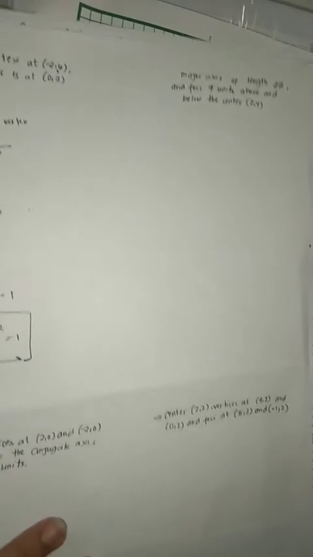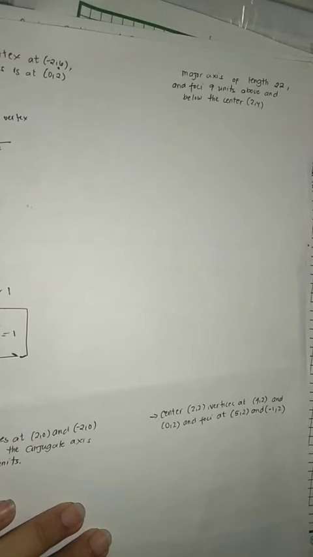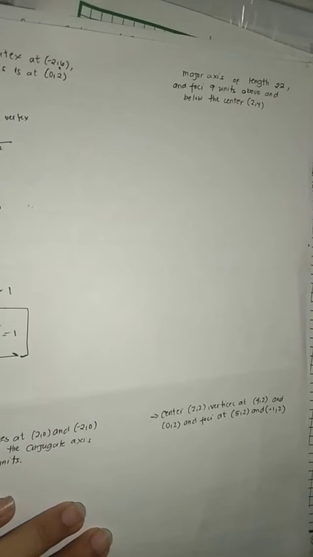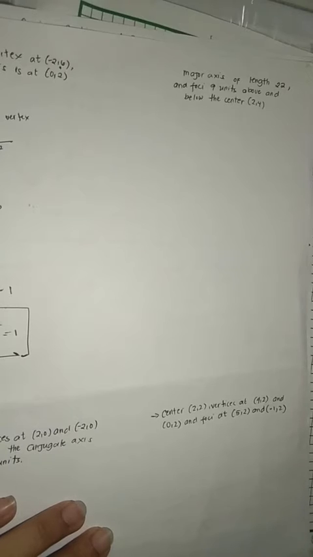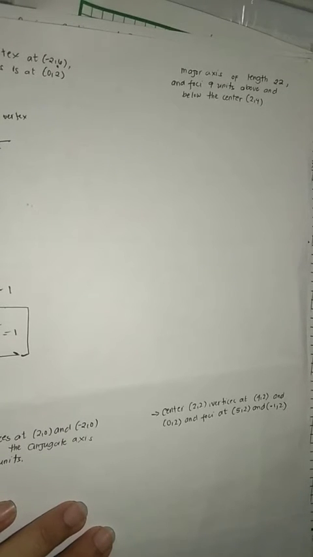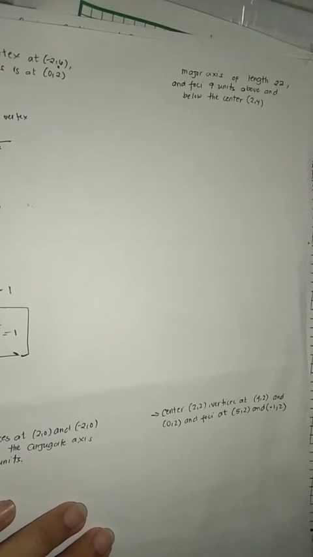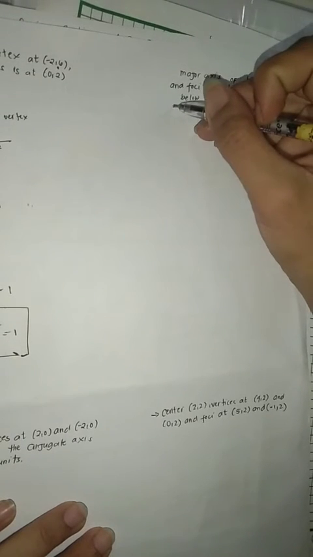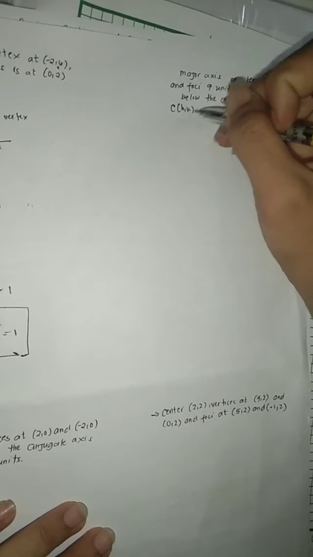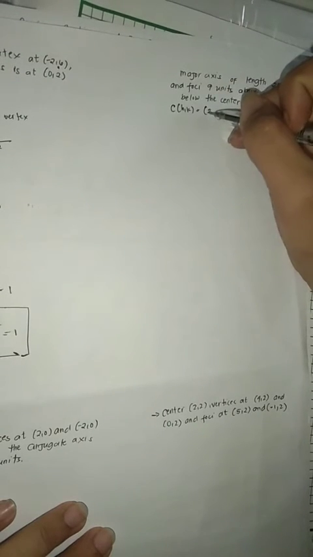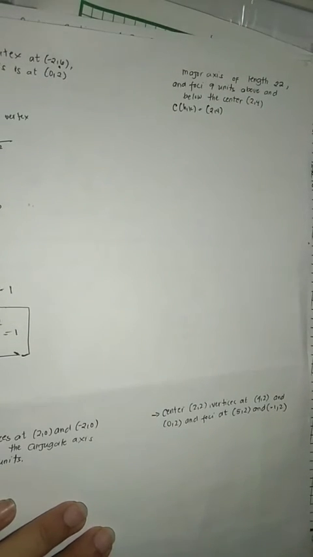Next one is an ellipse with a major axis of length 22 and foci, which is 9 units above and below the center, which is 2, 4. So let's write the given. Our center h, k is equal to 2, 4. What else?